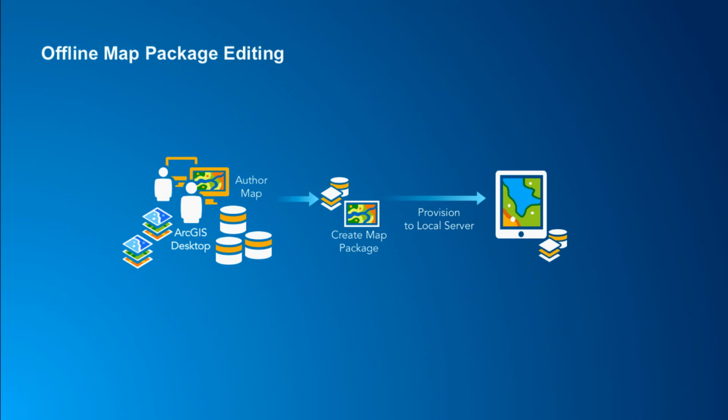because it's using the map package as the transport mechanism. And once it's on the machine that you're taking out into the field, you can spin up the local server. The local server, it's a self-contained sort of HTTP server that runs locally within the machine that only the runtime clients can connect to.